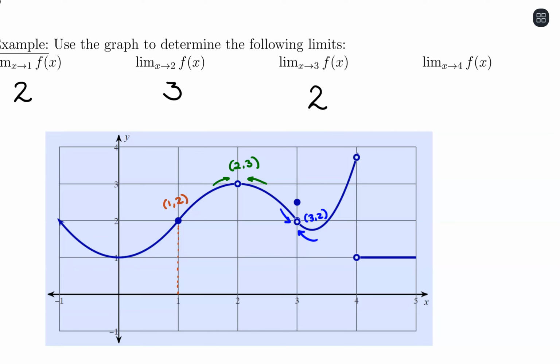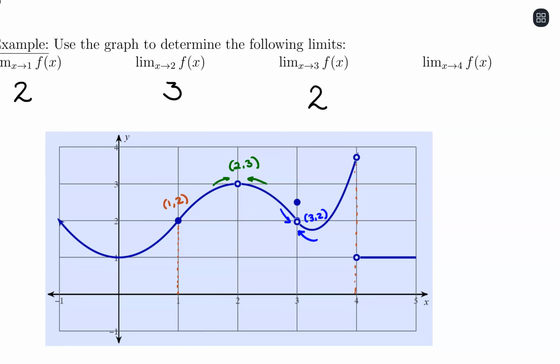Now, if we're at x approaching 4, and this idea of approaching from the left and right, so we have this jump here, because we have that hole up at let's just say 3.5 for simplicity, and then we have a hole down at 1.